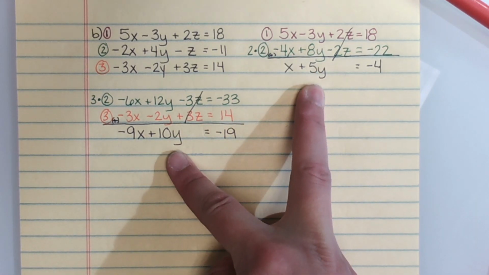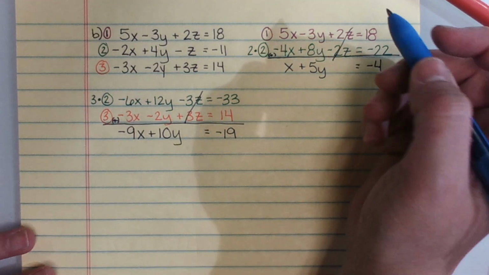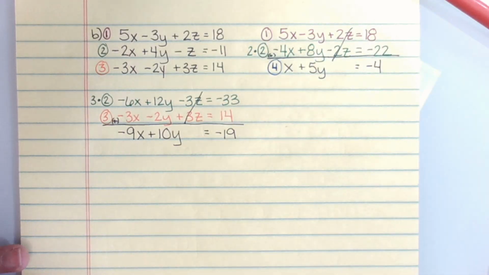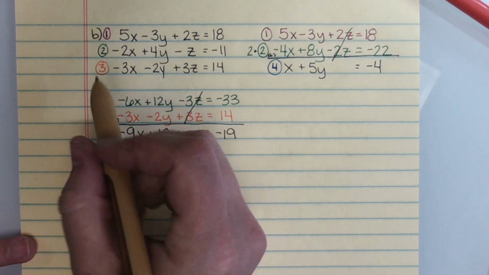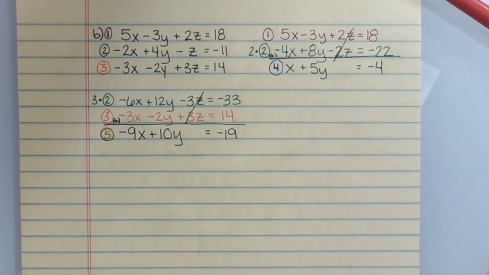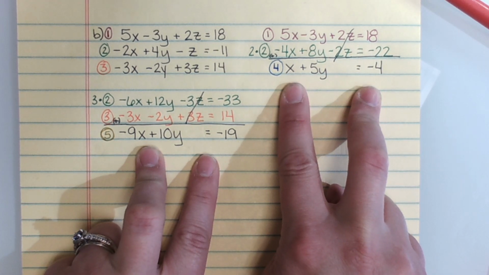Two pairs, eliminate the same variable twice. Get your equation 4 and your equation 5. I now have two equations that work in x and y.